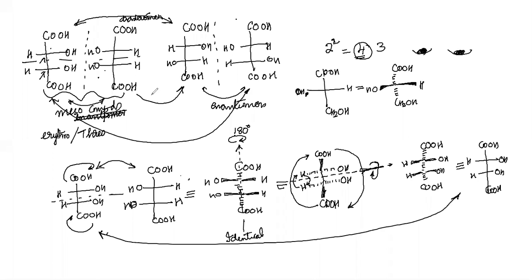Suppose you are given 2 samples of tartaric acid. One contains a mixture of these two. Sorry, not these two. These two. They are enantiomers. An equal mixture of these two is what is called a DL mixture.